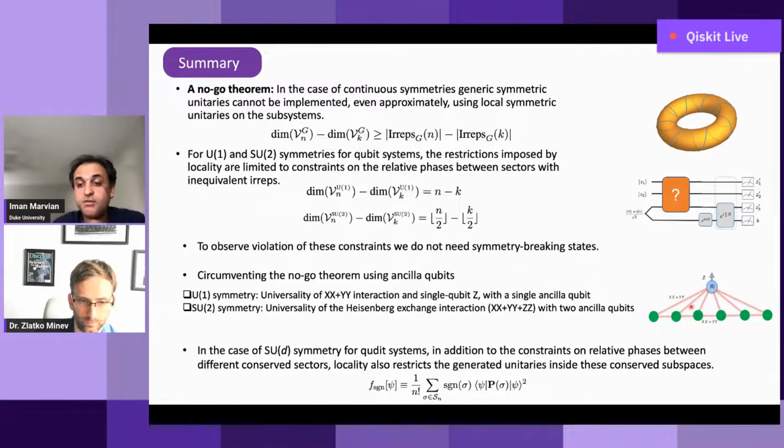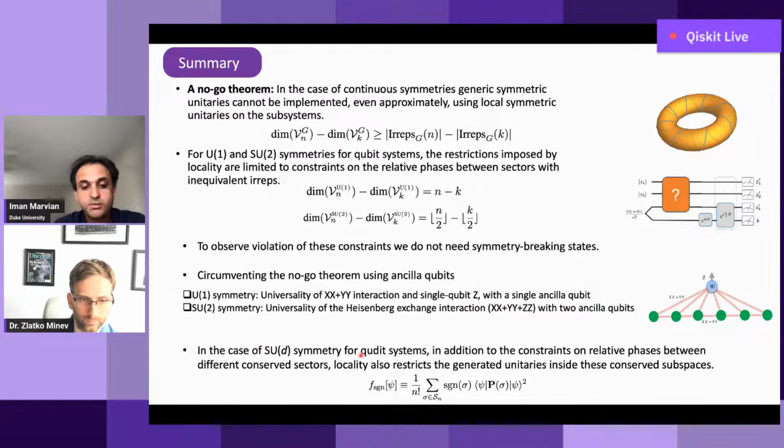We saw that we can circumvent this no-go theorem. In the case of U1 symmetry, you can implement any U1 invariant unitary on qubits using XX plus YY interaction and single-qubit Z. In the case of SU2, you can implement any SU2 invariant unitary on qubits, including, for example, the family of unitaries generated by a multi-qubit swap Hamiltonian, using just Heisenberg interactions and two ancillary qubits.